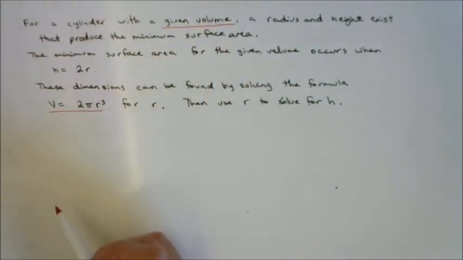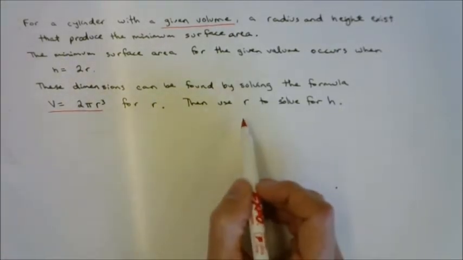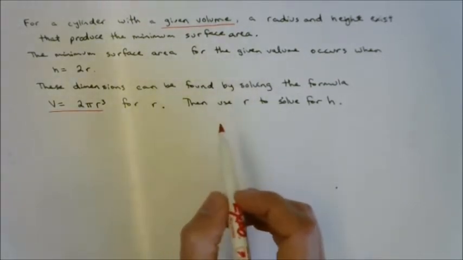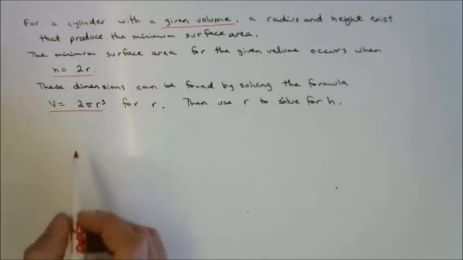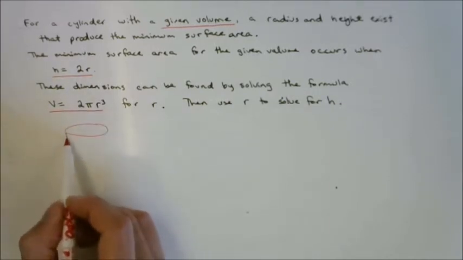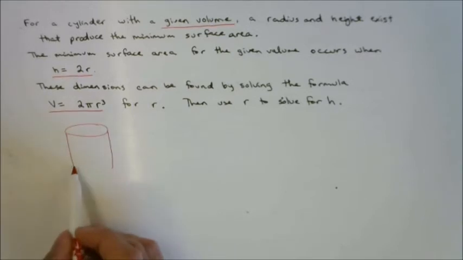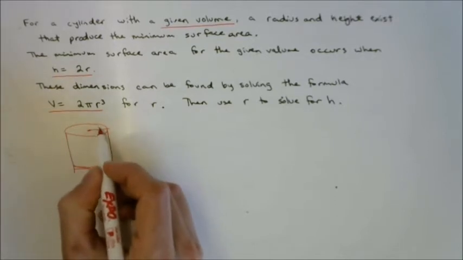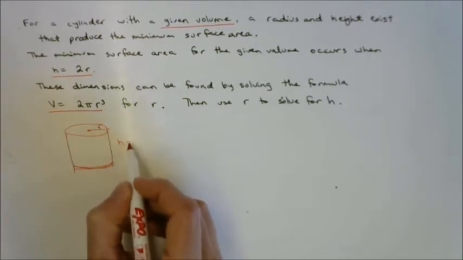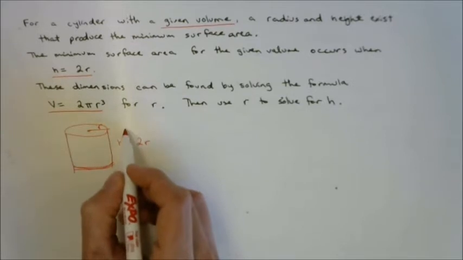The maximum volume and minimum surface area of any cylinder will still be based on H equals 2R. So this cylinder with the max volume and the most efficient use of material is that guy right there. Okay, here's R and H equals 2R.